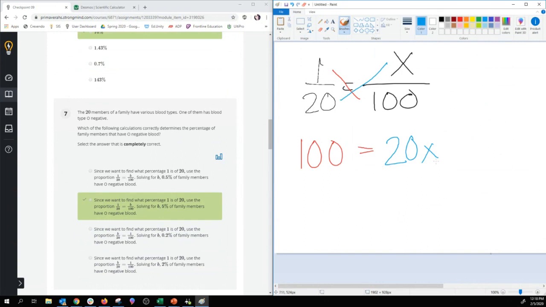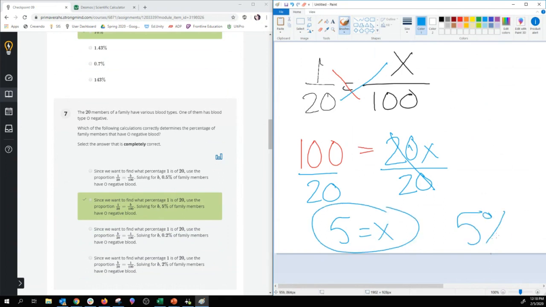So the opposite of multiplying by 20 is dividing by 20. So that's going to go away. And 100 divided by 20 is 5, which means that 5% of the family members will have a blood type of O negative. So solving for X, 5% of the family members will have an O negative blood type.